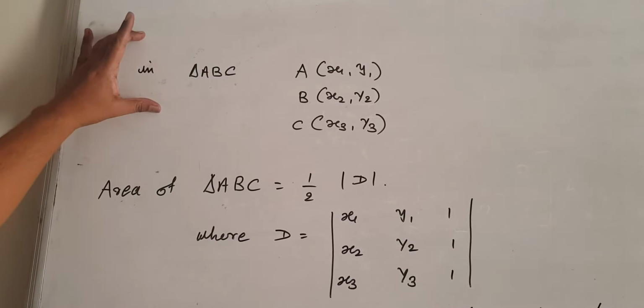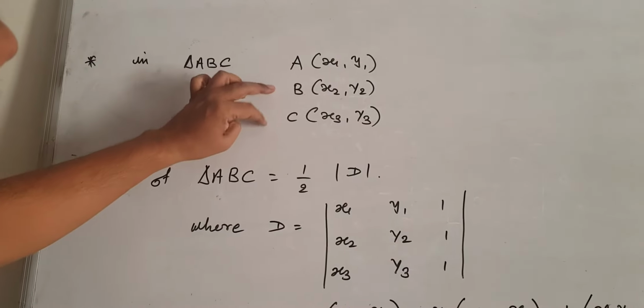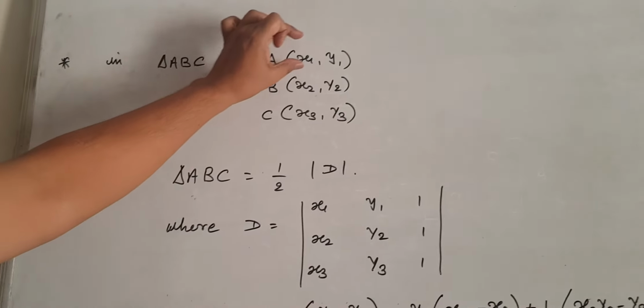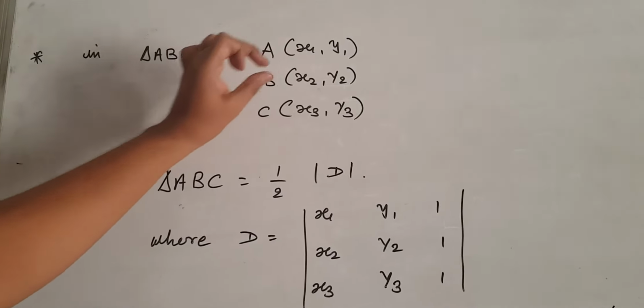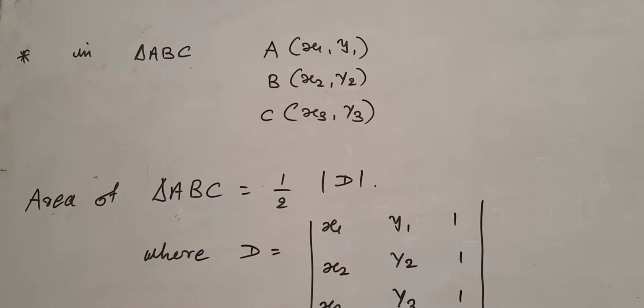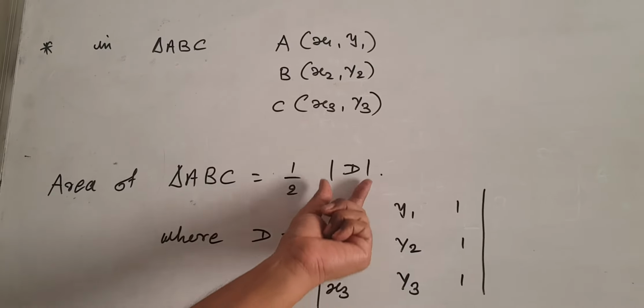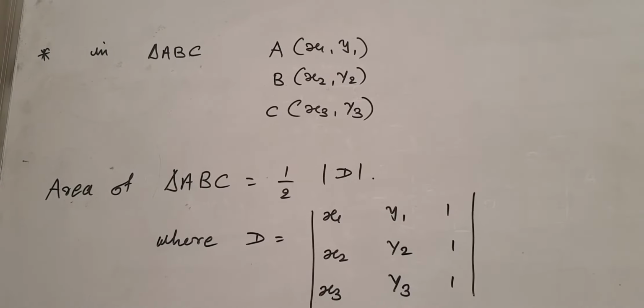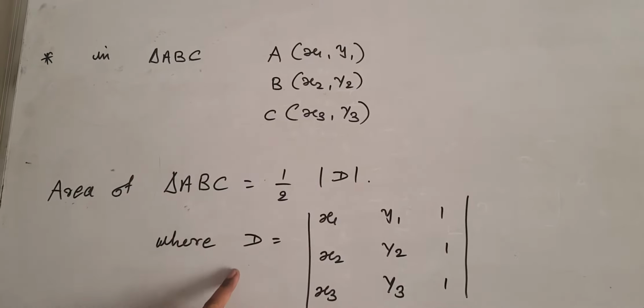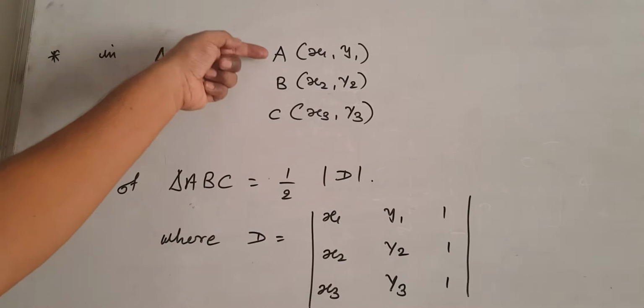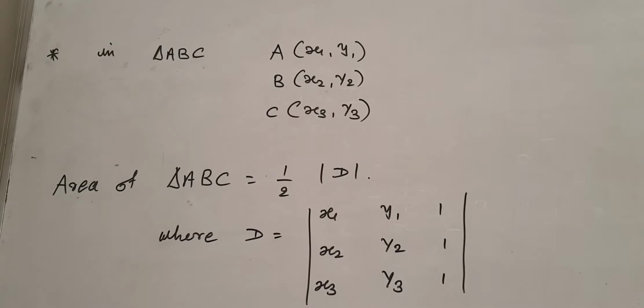Suppose in a triangle ABC, the coordinates of the vertices are A (x1, y1), B (x2, y2) and C (x3, y3). Then the area of triangle ABC is half modulus of D, where D is the determinant formed by the coordinates of triangle ABC.